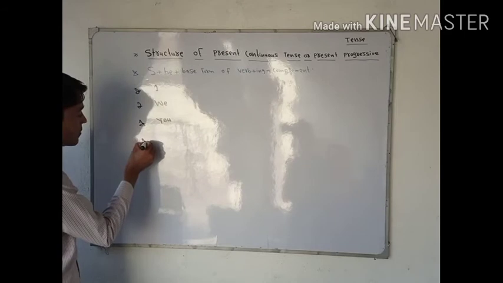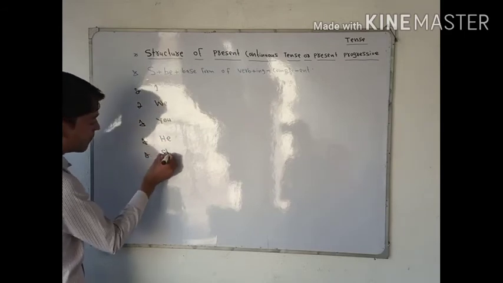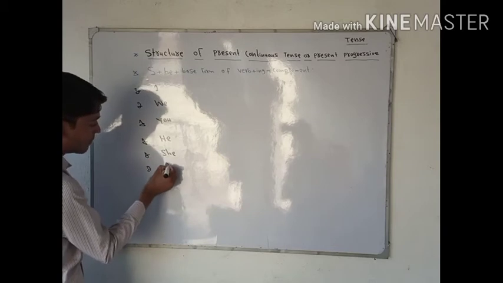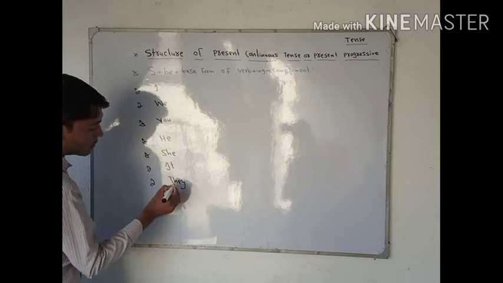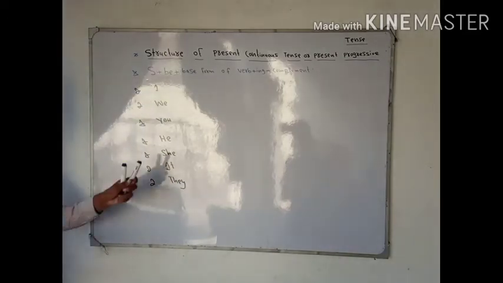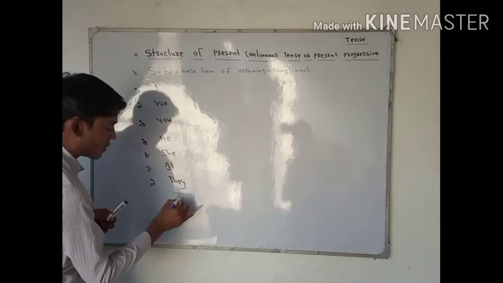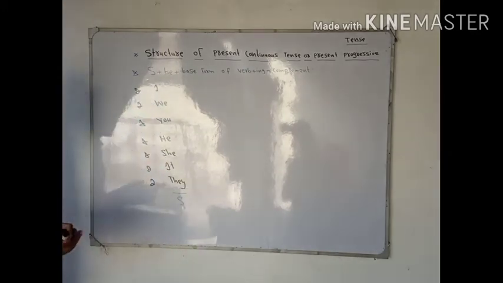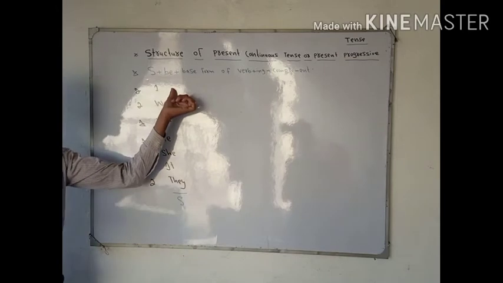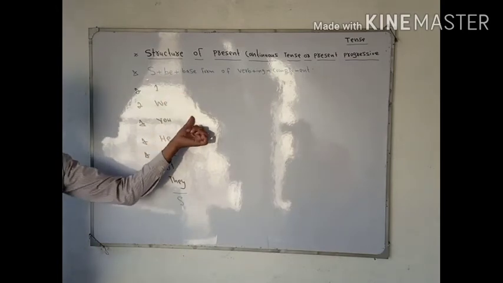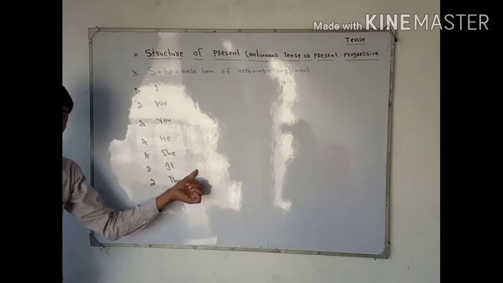And for the third person pronouns we have he, she, it, and they. These 7 subject pronouns are called S. The first 2 subject pronouns are first person pronouns, you is the second person pronoun, while he, she, it, and they are third person pronouns.